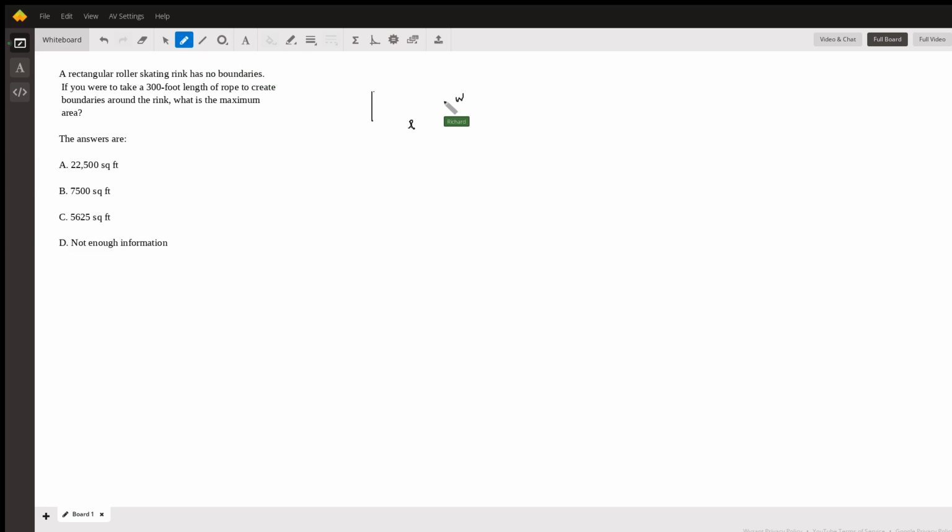And we're told that we have 300 feet of rope to enclose this space. So we know that 2 lengths plus 2 widths is 300 feet. And if we divide everything by 2, we know that the length plus the width is 150 feet.